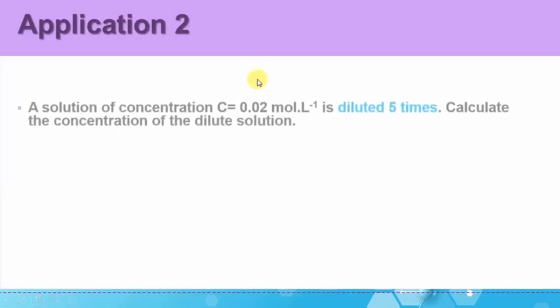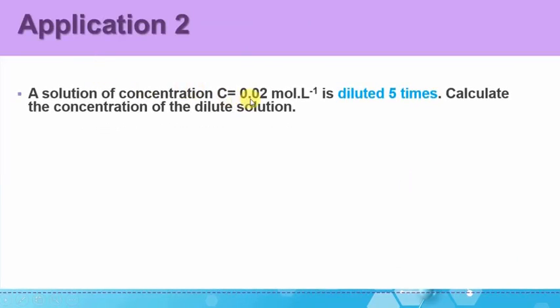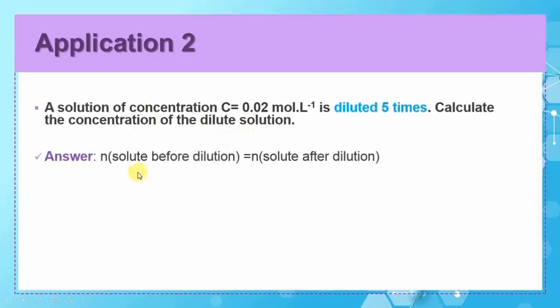Application 2. A solution of concentration C equals 0.02 mole per liter is diluted 5 times. Calculate the concentration of the dilute solution. Number of mole of the solute before dilution equals number of mole of solute after dilution. Using the relation of the molar concentration, C times V equals C prime times V prime. Then make the ratio C over C prime equals V prime over V equals F. This is the dilution factor.